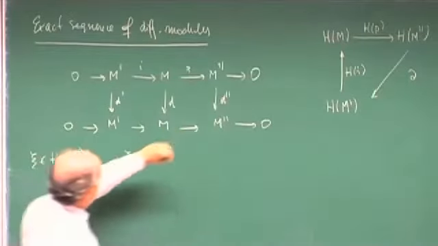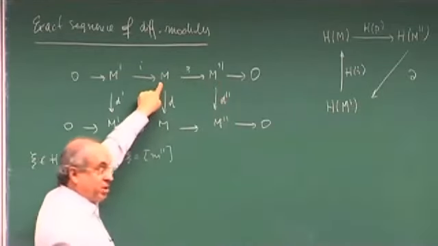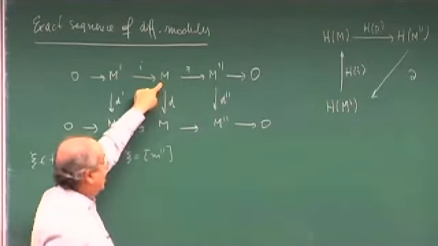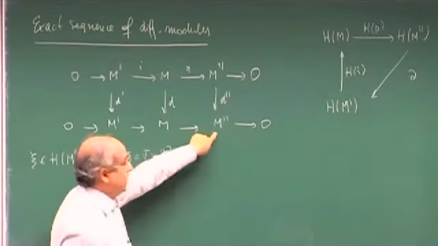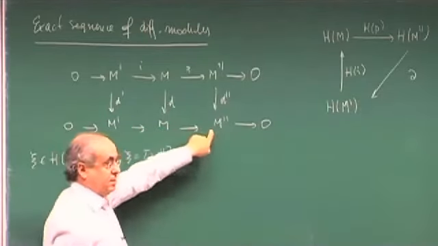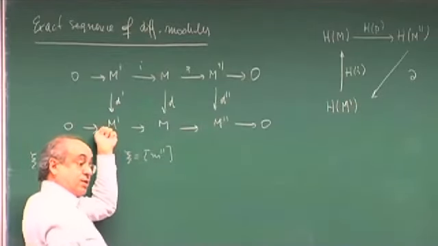And then what you do is you take this element, you take an inverse image here because P is surjective, you push it down, you realize that it lies in the kernel, and then it comes from M prime. And then you take its cohomology.